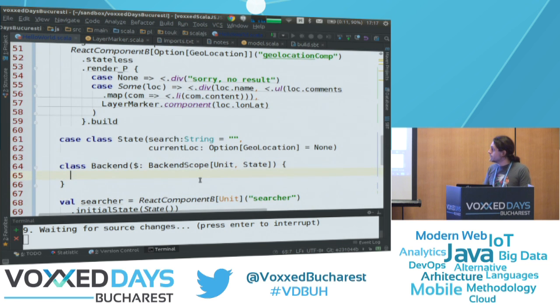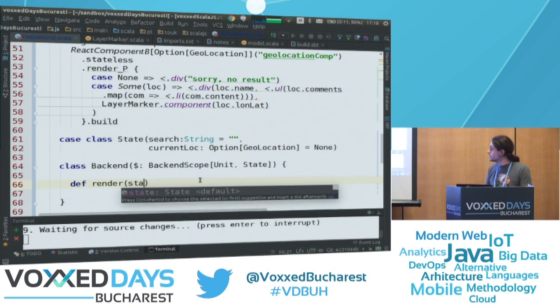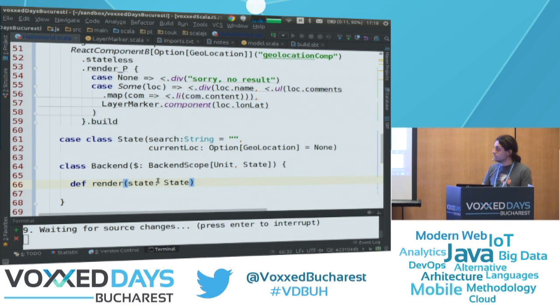So have a class Backend, and now inside, you'll see in a minute why we have a separate class. And now we'll make a method called render, and this time it won't render itself based on the properties, but based on state.